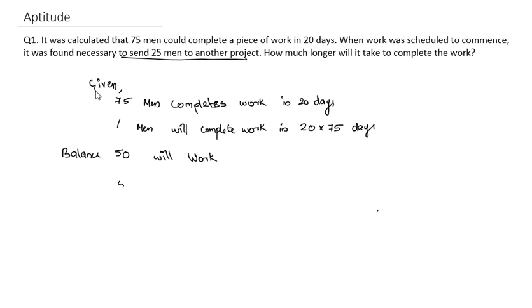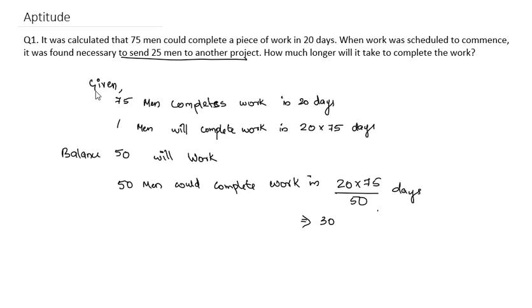Which means if 50 men are working, they could complete the work. One man working takes 20 into 75 days. If 50 persons are working, it will take 20 into 75 divided by 50 days. This will come up to 30 working days.